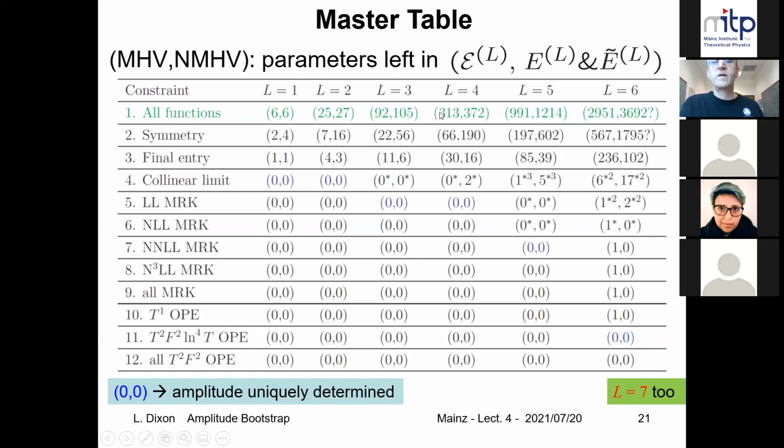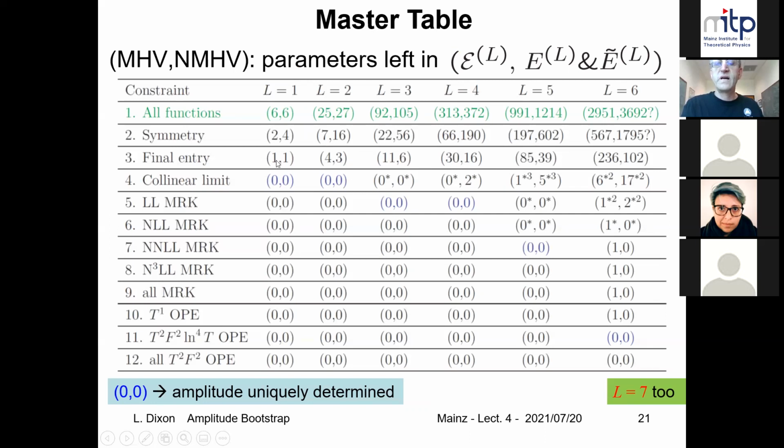And on the left, there would be the number of parity even functions, because we know that E is parity even. Anyway, once you've imposed various other dihedral symmetries, the numbers drop by a large factor. And then you can impose a final entry condition, which actually follows from the Q-bar equation in this case. As I was mentioning earlier, there's a similar one for NMHV.